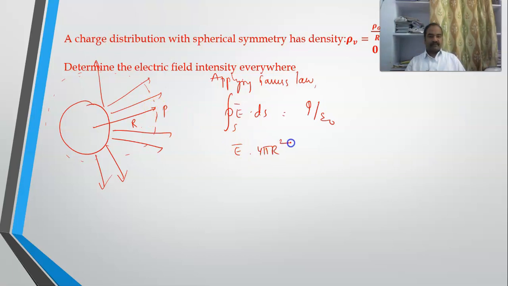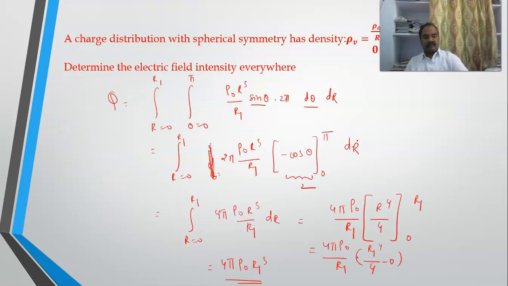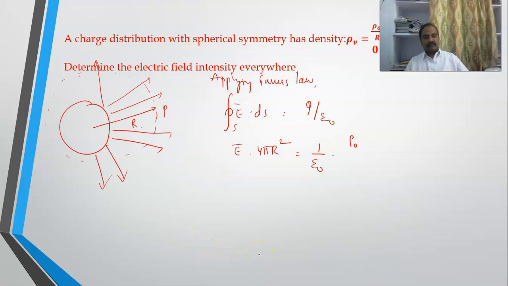So I will write it as 4 pi r square into 1 by epsilon. What is q? We have already done that in the previous slide itself. What is its value? The 4 also goes, I think. It will be pi rho naught r1 cube. See, what is the equation now? 1 by epsilon, pi rho naught r1 cube by 4 pi r square.